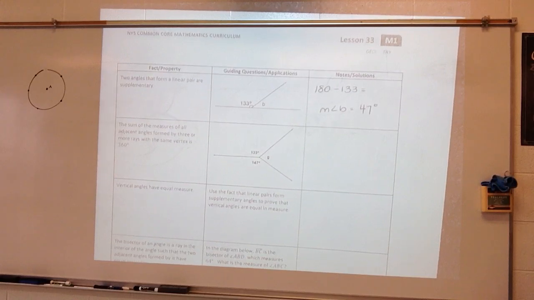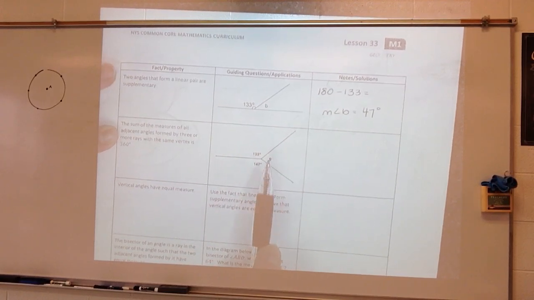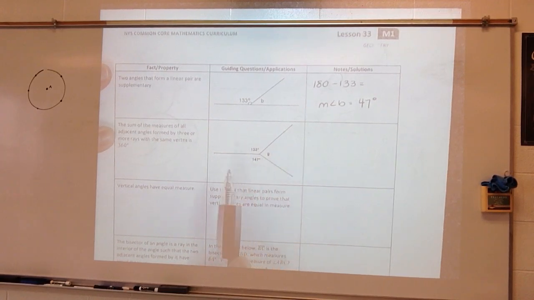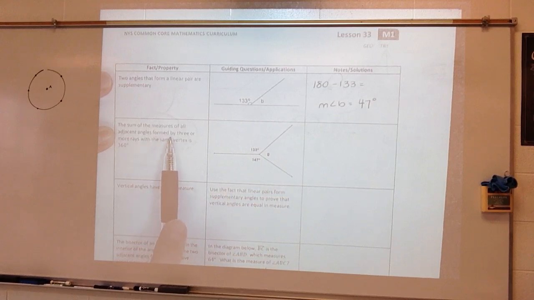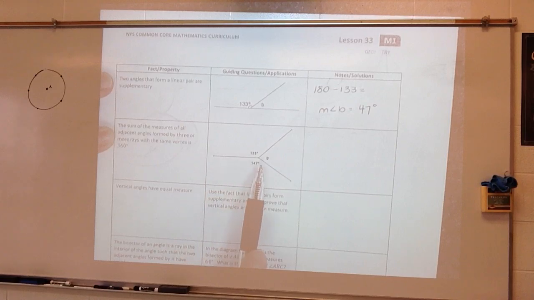The sum of the measure of all adjacent angles formed by 3 or more rays with the same vertex is 360 degrees. We've got to remember adjacent means that they share a side. So these two angles share a side. They're formed by 3 or more rays. These are rays, and they have the same vertex. So here is my center, that is my vertex.